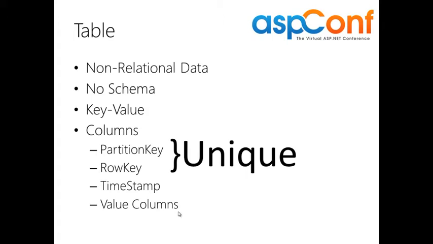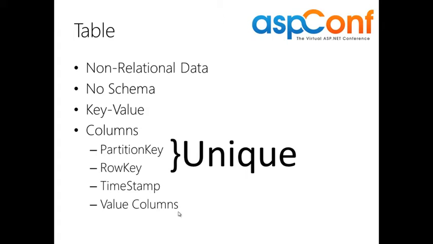The fabric of Azure may decide that one server is too busy or too full. They may decide to start moving part of your table off onto another node. And when it makes that decision, it'll make it based on the partition key. So it'll tend to keep rows that have the same partition key on the same node, and it'll tend to move rows of different partition keys onto different nodes.